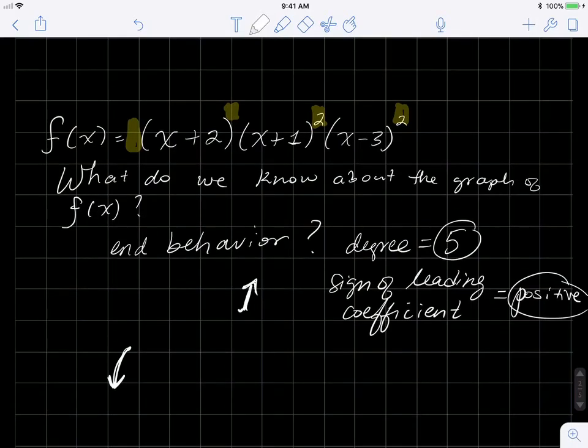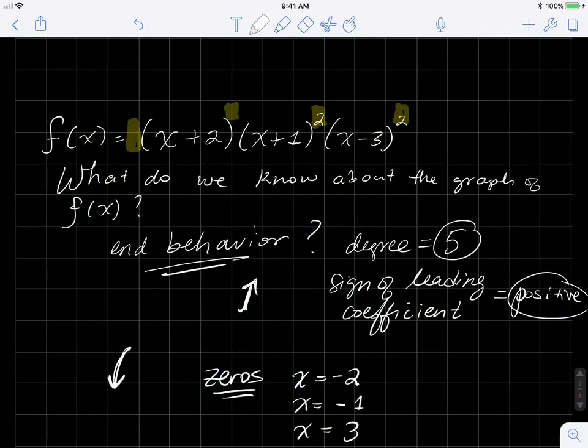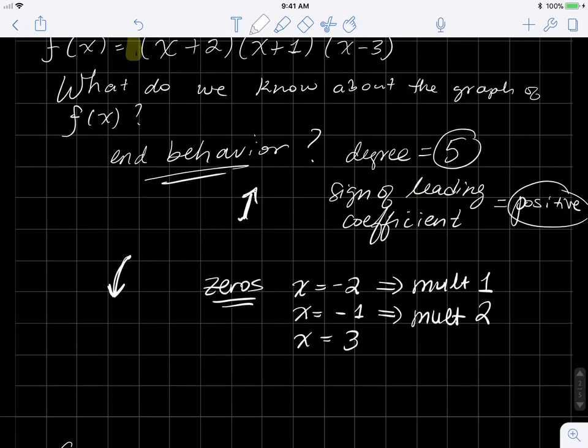What else do we know? We know that the zeros of this function are going to be x equals -2, x equals -1, x equals 3. Now this zero, x equals -2, has multiplicity 1, which means at that particular zero, the graph is not going to flatten out. At x equals -1, we see once again we have multiplicity 2 here, which is a little different.